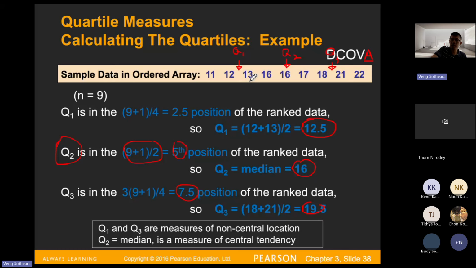Look at the very first construction of Q1, Q2, and Q3, and based on their construction, you may draw a conclusion accordingly.